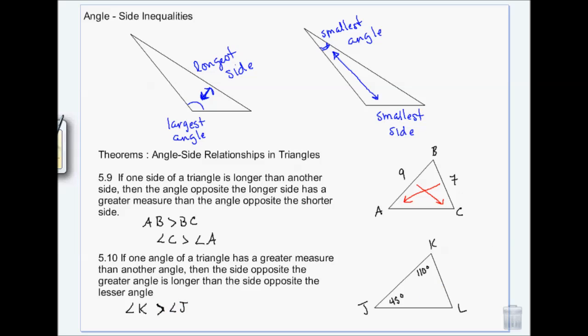Well, that would mean that across from K is JL, and that's going to be larger than across from J, which is KL.